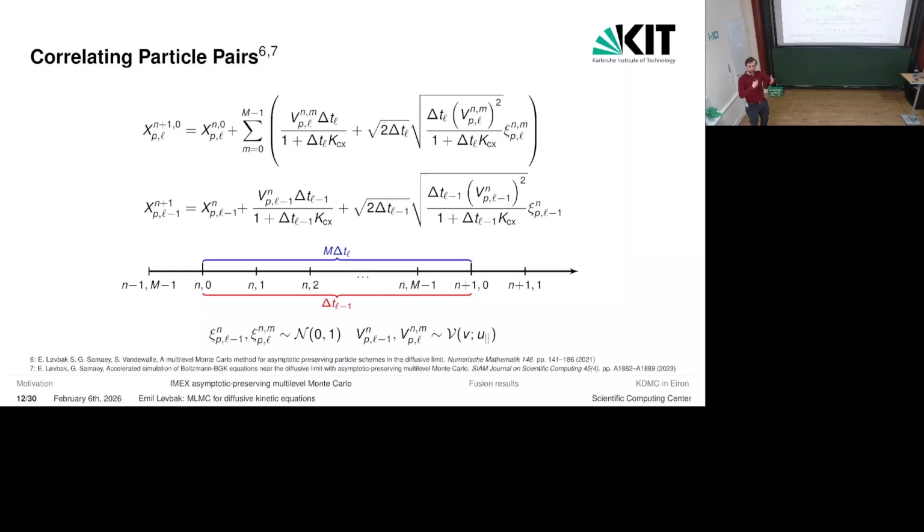At each of these steps, you generate some random numbers. So you might be sampling velocities, you're sampling these normally distributed increments for your Brownian motion, you're choosing whether or not you have a collision, and so on. You store these N sets of random numbers, and then you combine them together in some way to generate a single set of random numbers with the correct distribution that you can plug into your coarse simulation. And if you do this in the right way, these two things will be correlated.